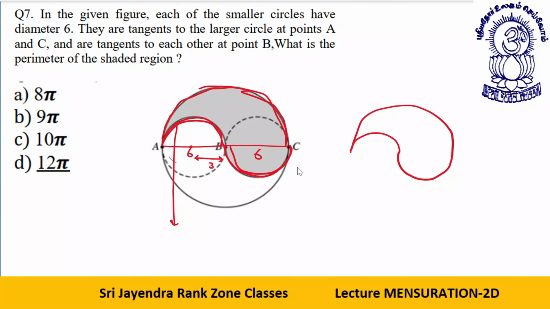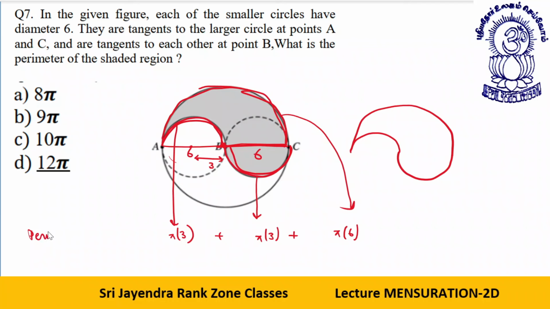Okay, clear? Fine. So this is what? This is pi into 3, because this is a semicircle. Again, this is a semicircle. So the perimeter of this will be pi into 3, plus lastly, for the bigger circle, the radius is 6, so plus pi into 6.